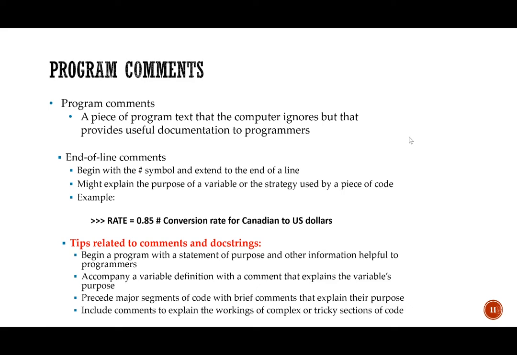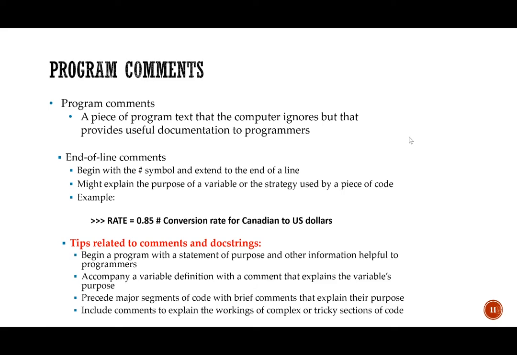For example, rate, my variable, is equal to 0.85. I want to know why this rate is 0.85, so I look at the comment starting with the sharp symbol: conversion rate for Canadian to US dollars. Then I understand, okay, this is a conversion rate. There are some common practices and tips related to comments.